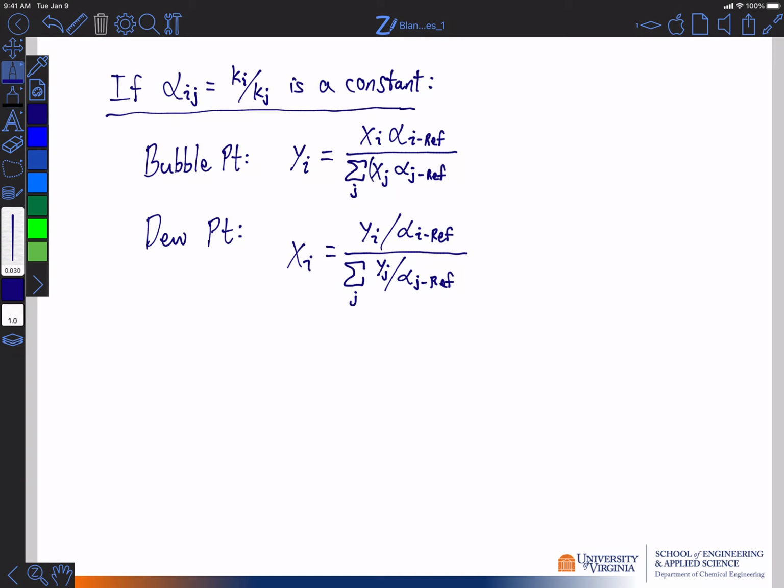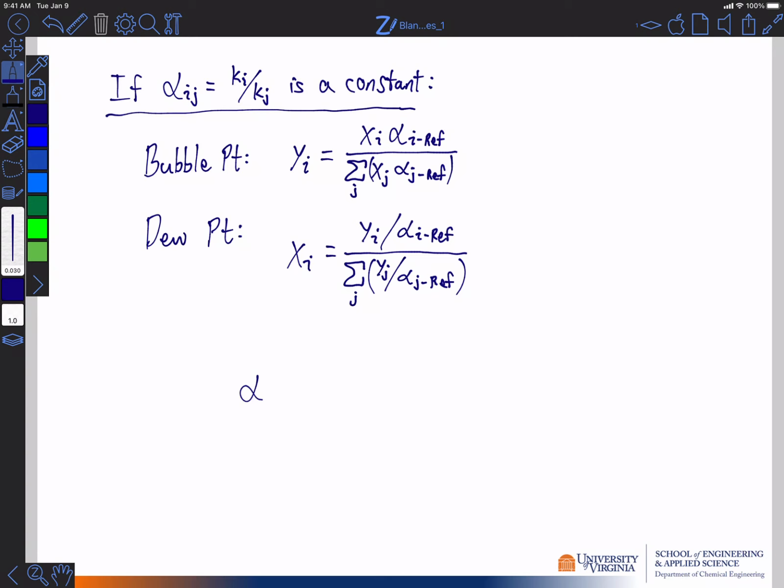All right, and so in this case, we can think about how we would extend bubble and dew point calculations to this special case scenario for multi-component systems where that temperature and pressure dependence divides out when we divide out the K values to define alpha.